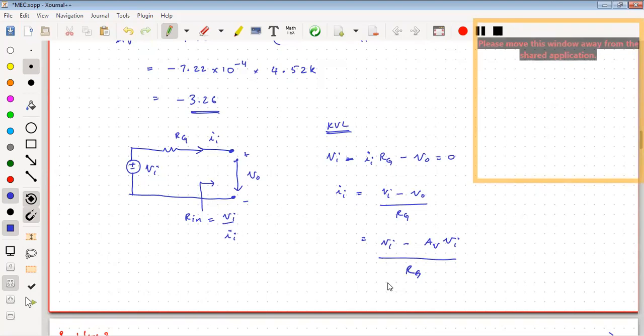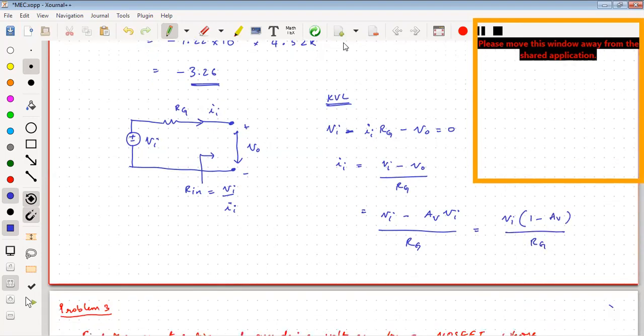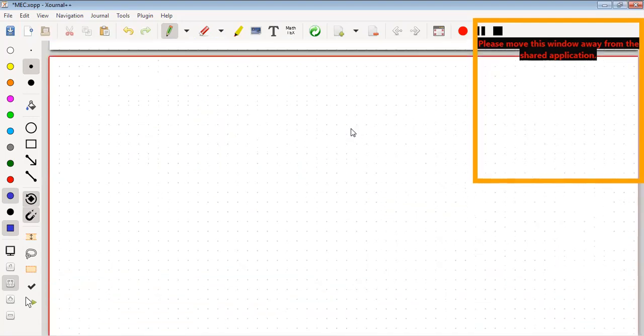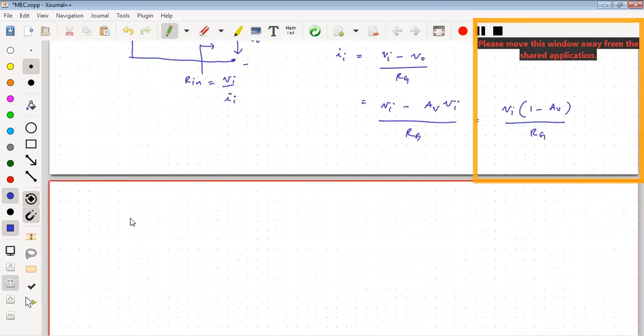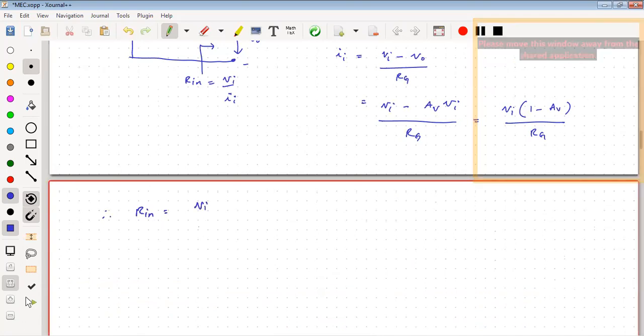After this, substitute this, take Vi common: Vi into 1 minus Av divided by R. So therefore Rin is Vi by Ii.